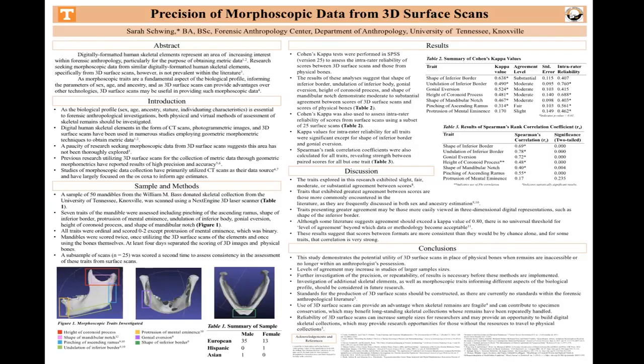And if we're scoring these scans in really similar ways, meaning that the Next Engine scanner is pretty much good enough, then again, we need to begin to standardize the parameters that we set for constructing these virtual models using the Next Engine scanner, just so that we're all creating these virtual remains in the same way.